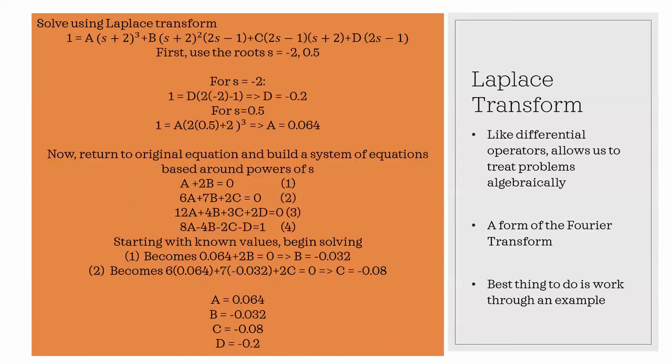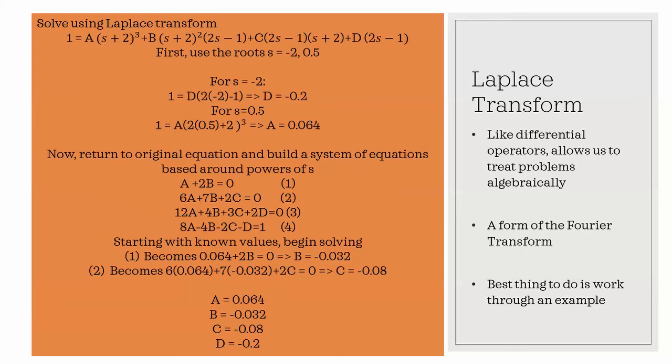The next step is to take our roots to simplify this big long function. Our roots in this case are s is equal to negative 2 from the s plus 2 factors and 0.5 from the factor of 2s minus 1. So first, let's use s equals negative 2 and substitute that in for s. This greatly simplifies everything.